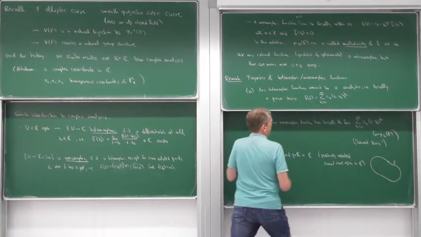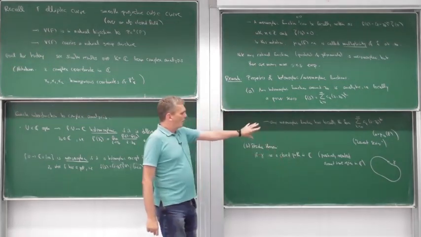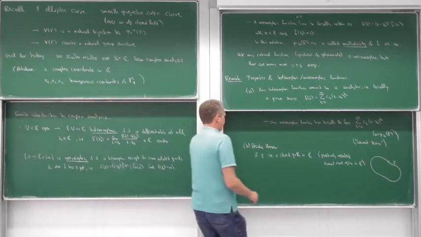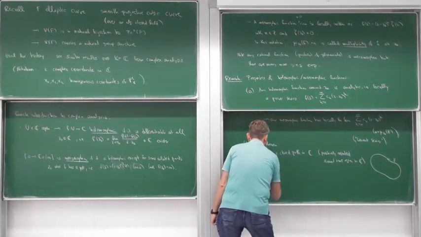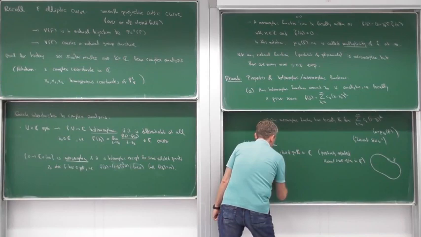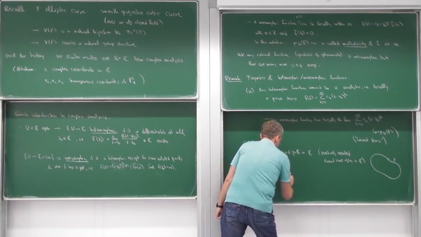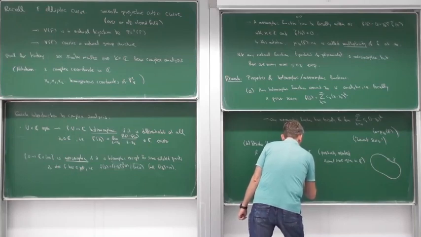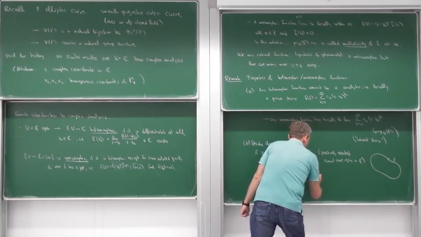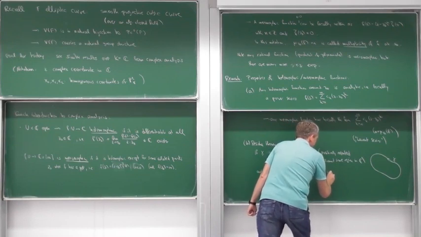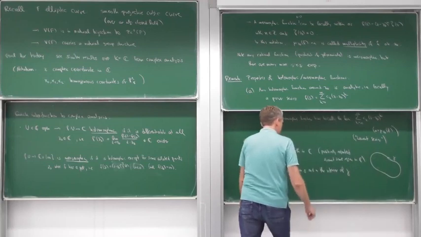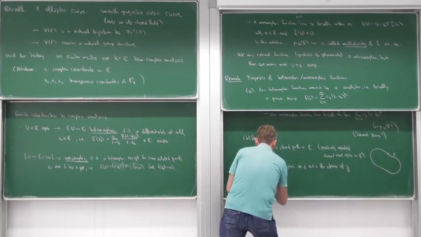And we have a function f that is meromorphic on and in the interior of gamma and has no poles on gamma itself.